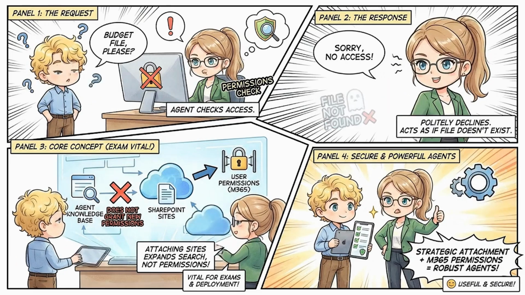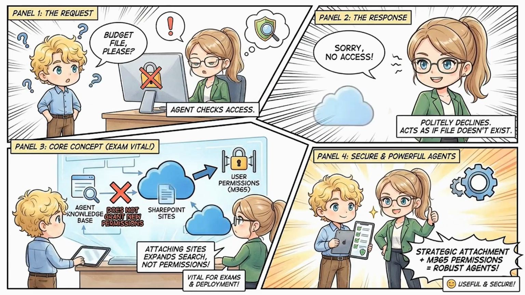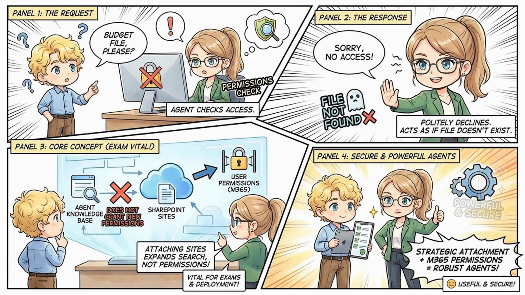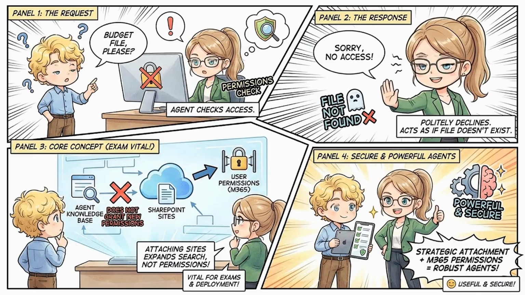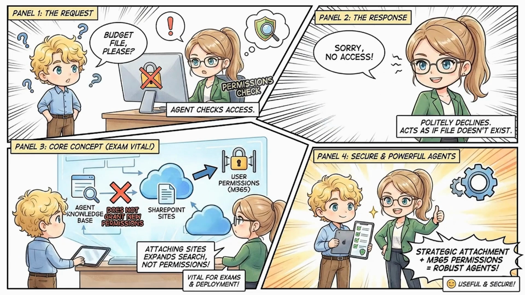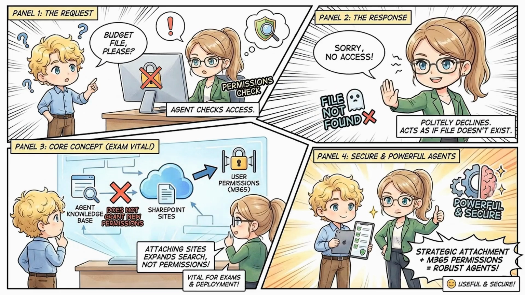If a junior employee asks the PMO assistant for the budget file, the agent will cross-reference the employee's permissions. Because the employee does not have access to that file in SharePoint, the agent will politely decline to answer, acting as if the file does not exist. This concept is vital for the exam and for real-world deployment.